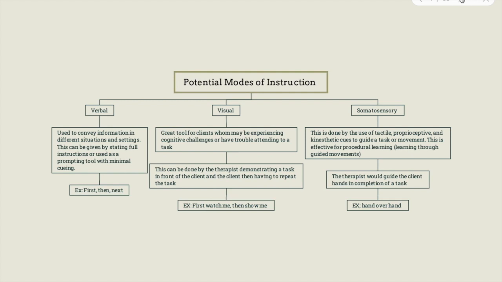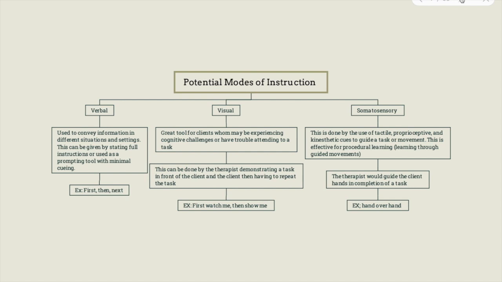Then we have the different modes of instruction. So first we have verbal. It's looked at like a first-then-next type instruction, and it's just stating full instructions on how to do a certain task and prompting them through, hopefully using minimal cueing. And then there's visual. This is really good for cognitively challenged patients, or if they have trouble attending to a task.